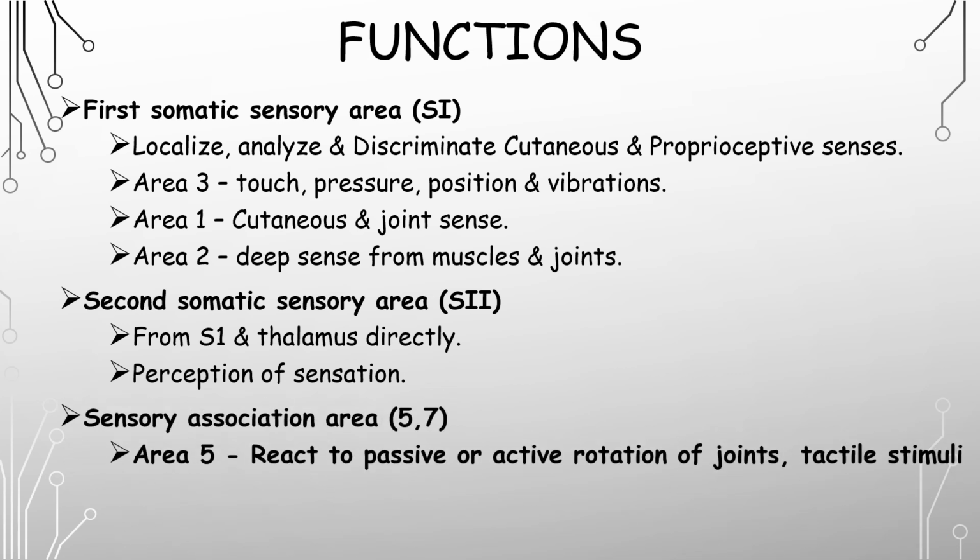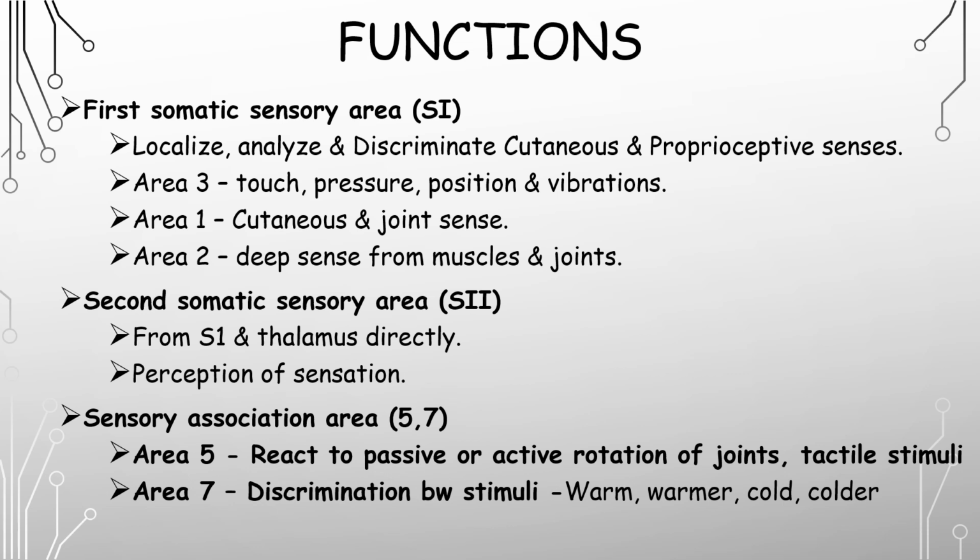Sensory association areas 5 and 7. Area 5 reacts to the passive or active rotation of joints and to tactile stimuli. Area 7 is concerned with discrimination between stimuli, for example whether it is warmer or colder.